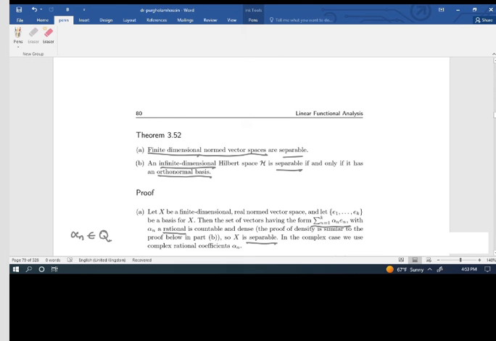Orthonormal basis, you know, is a countable sequence En such that the span of En equals H. So we have this theorem. Any finite dimensional normed space is separable without any further conditions. But for infinite dimensional Hilbert spaces, H is separable if and only if it has an orthonormal basis.